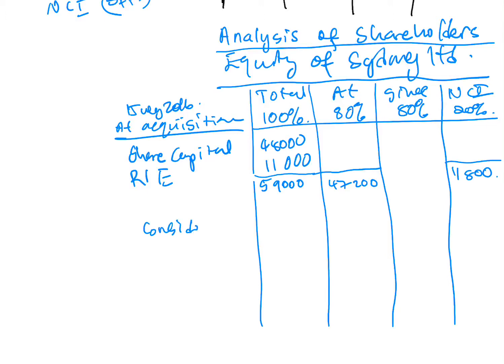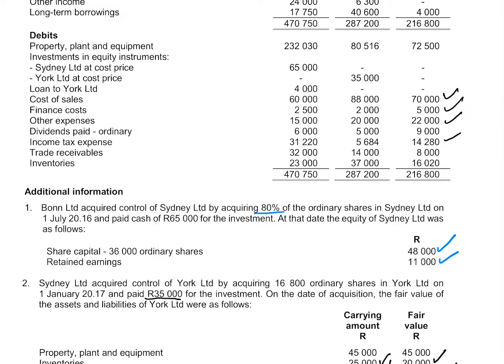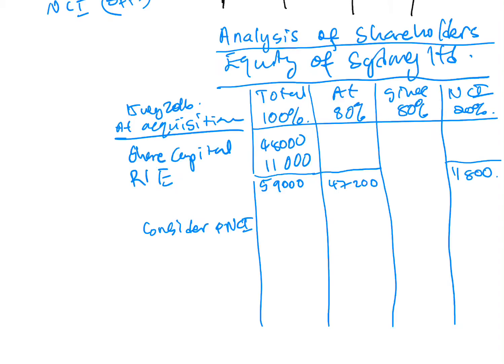Jump a line, consideration and NCI. It was acquired for 65,000. So we come and we put our 65,000 there as our consideration. Non-controlling interest will be the same amount. Why? Because it is a proportionate value, which is the partial goodwill method. Right, then we move on. 65 minus 47,200 is going to give us 17,800, and this we call goodwill.